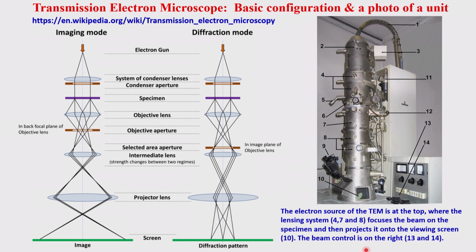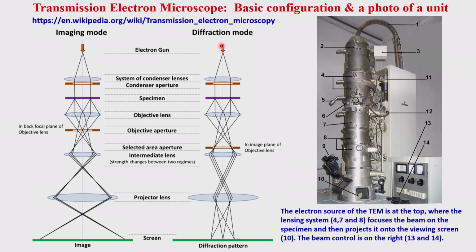You can adjust the lens and the apertures, many things. Of course nowadays you can also control everything with software, so you don't need to use any of these hardware controls. You can control all these parameters, and this is the viewing screen, and this is the beam controller, which sets what level of beam.